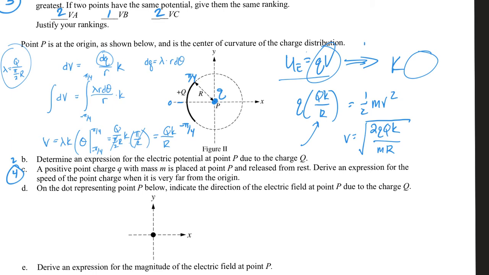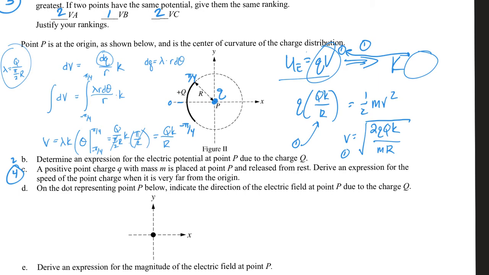So there's 1 point for conservation of energy, 1 point total for getting the potential energy right at both locations, 1 point for correctly substituting in your potential, and then 1 point for solving for V. That is generous, or gratuitous, I think, application of points. It's almost like they're running out of things to say.